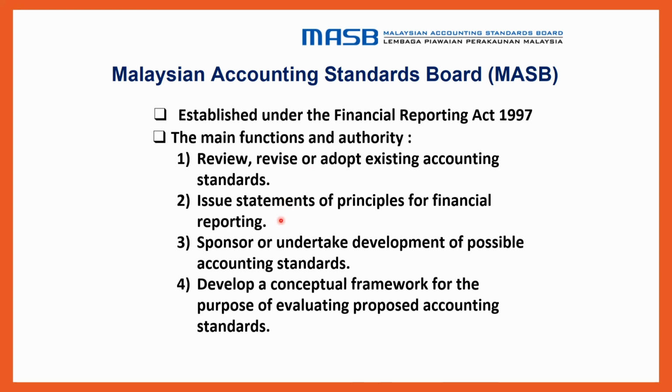Issue statements of principle for financial reporting. 3. Sponsor or undertake development of possible accounting standards. 4. Develop a conceptual framework for the purpose of evaluating proposed accounting standards. So these are the main functions of the Malaysian Accounting Standards Board.